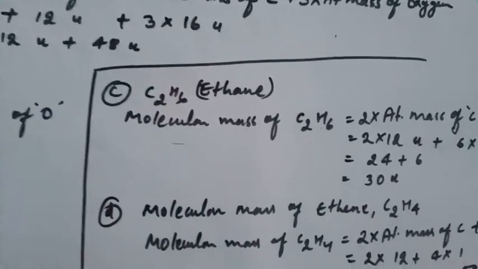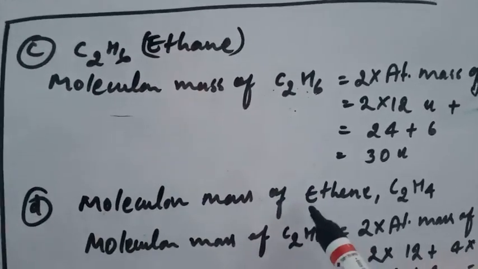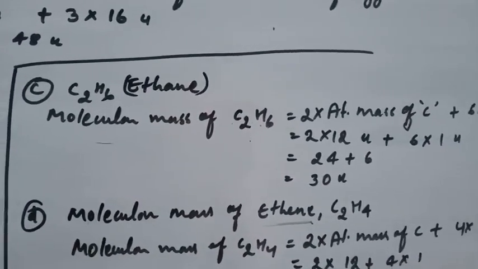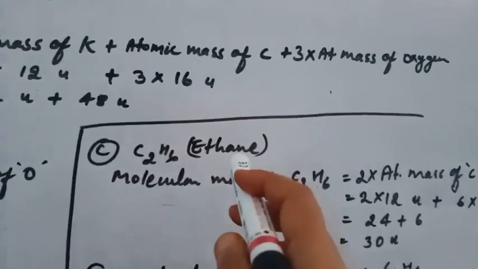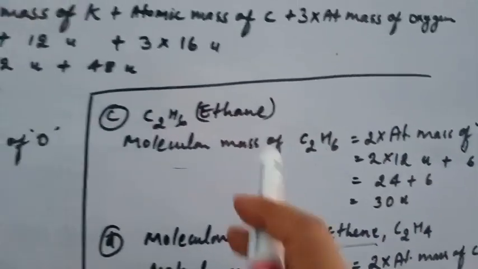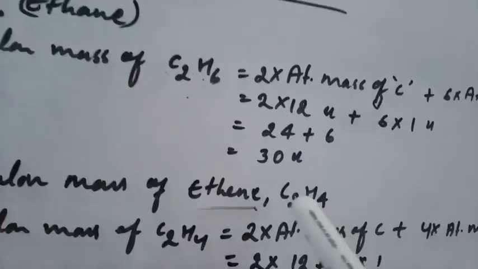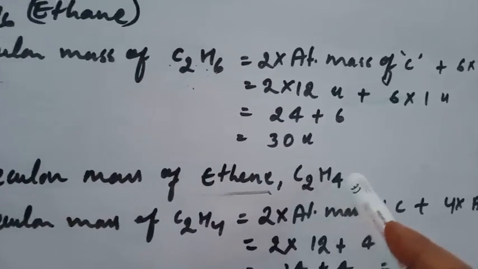Next was the molecular mass of ethene, C2H4. So there is a difference between ethane and ethene. The formula of ethane is C2H6 and the molecular formula of ethene is C2H4.